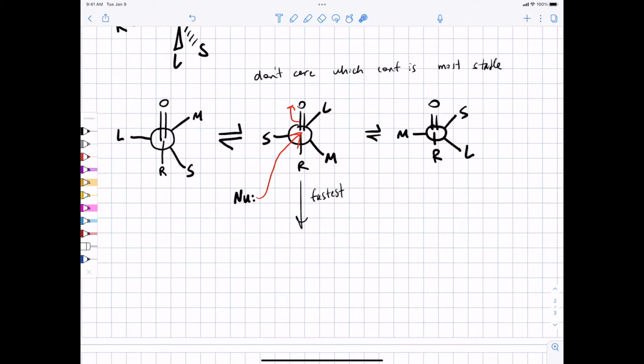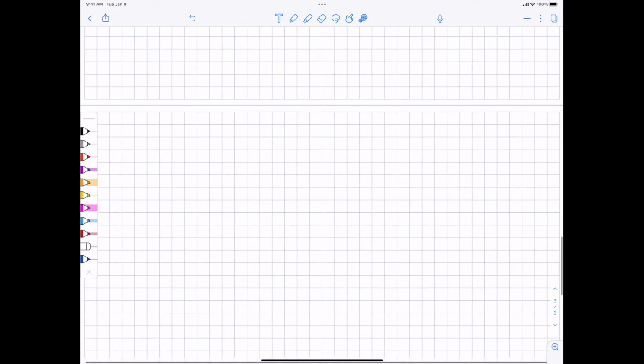Couple other principles. Let me look at time. Good. One is a principle called microscopic reversibility. We don't need to say a lot about this, but reaction pathways have to be the same in the forward and reverse directions.